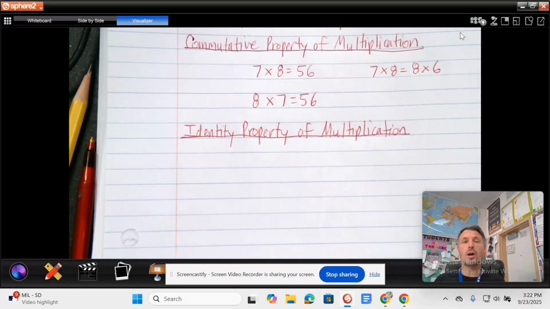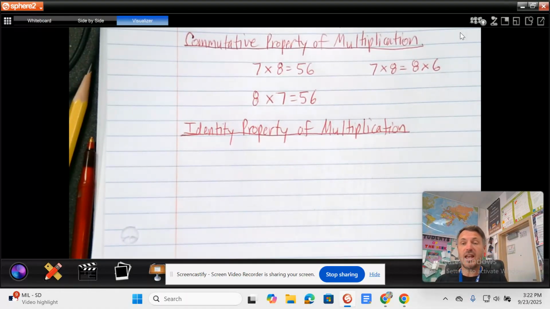Remember, the identity property of addition said anything you add to 0 equals itself, like 7 plus 0 equals 7. Well, the identity property of multiplication says when any number is multiplied by 1, the answer or the product is the original number that you started with. So a simpler way of saying that is anything times 1 equals itself.